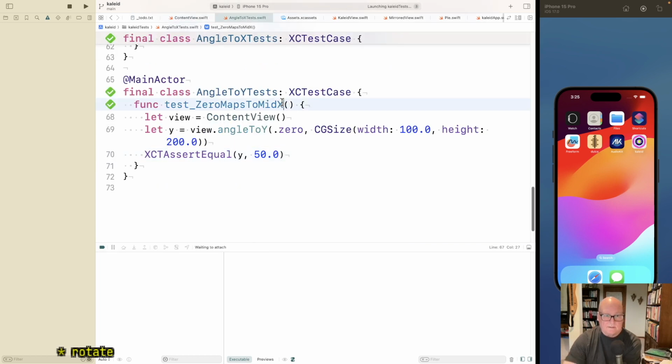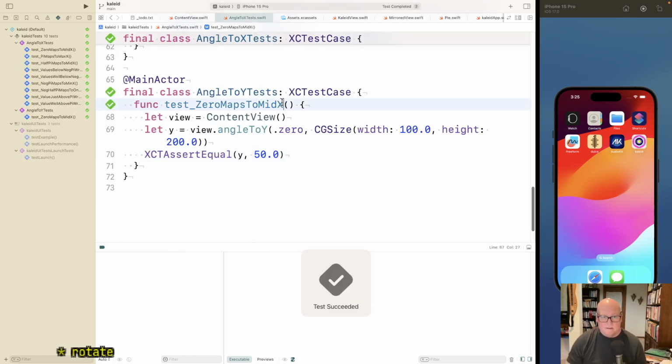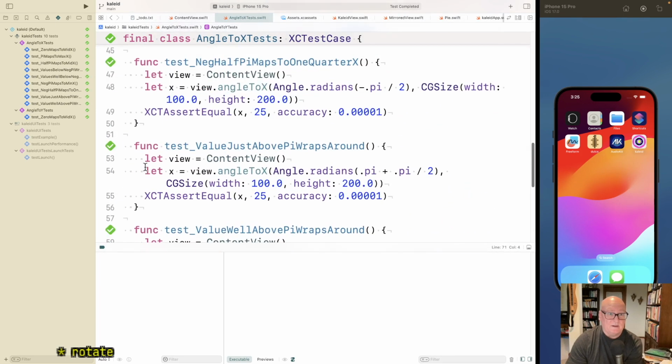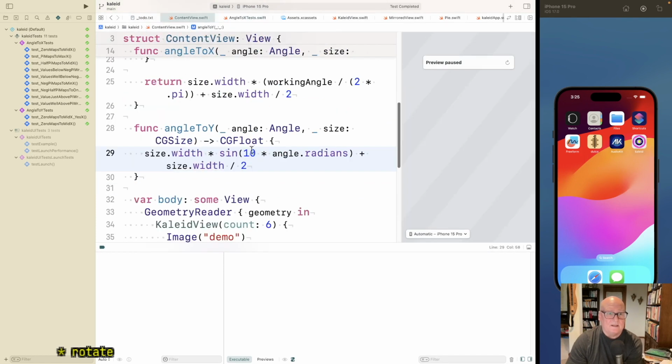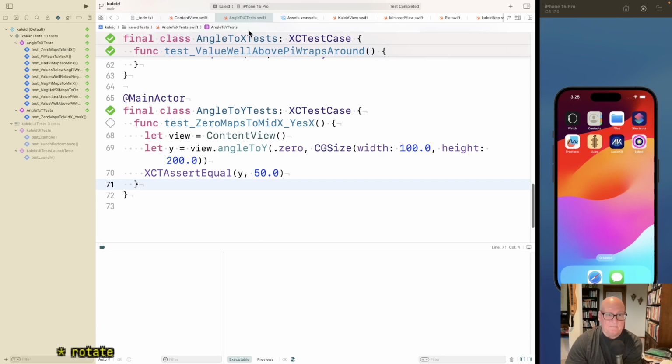And I'm gonna change it: maps to mid X, yes, X. Okay, because that is surprising because we expect it to map to mid Y. All right. Now, okay, so, well, I'm going to start here. Okay. We'll change this.